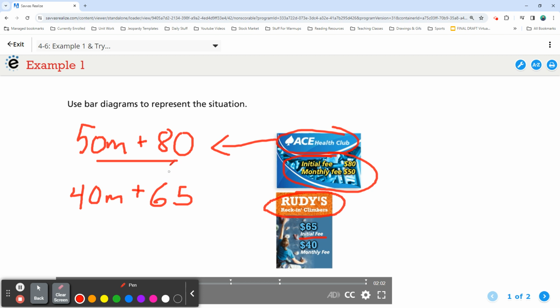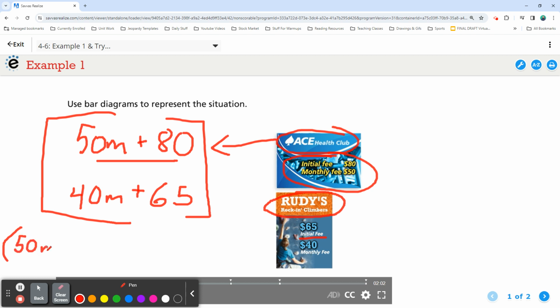Okay. So because we have like terms here and here, we can combine these 2 expressions to get one expression. So what they're asking you to do here is take 50M plus 80, and add it to 40M plus 65. Now, again, do these parentheses matter at all when we have all addition pieces in here?